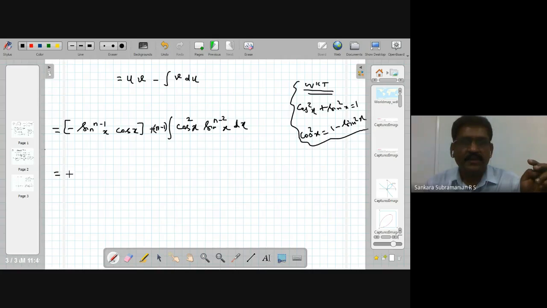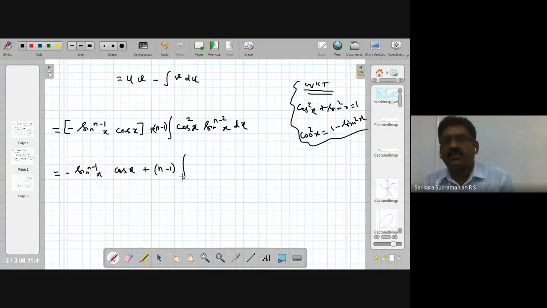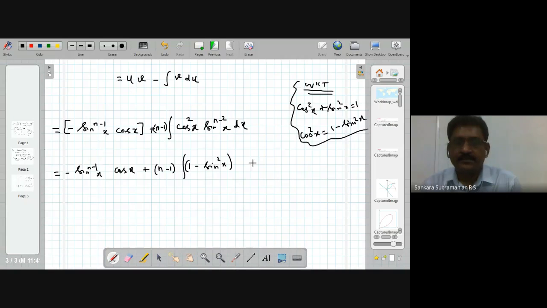So therefore, this is equal to minus sin to the power n minus 1 x into cos x plus n minus 1 times, instead of cos square x, I can write 1 minus sin square x into sin to the power n minus 2 x dx.